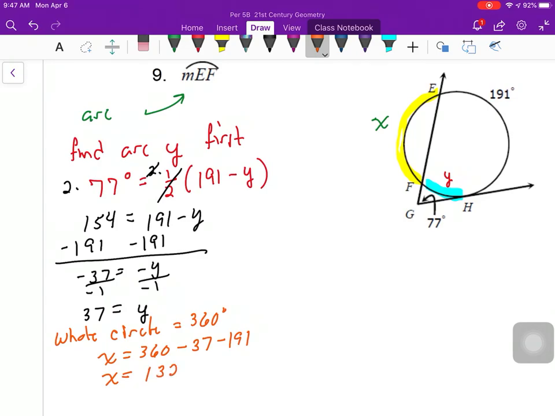So X will be 132. So the measure of arc EF equals 132. Now that's the last example for this one.